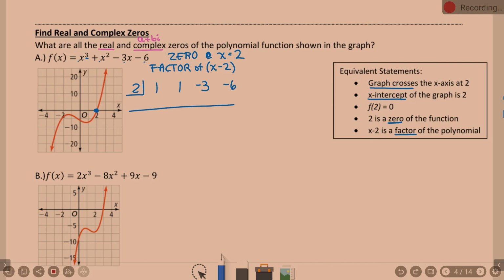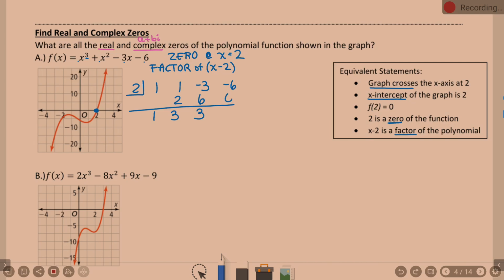Okay. Drop the 1. 2 times 1 is 2. Add. 1 plus 2 is 3. Multiply. 2 times 3 is 6. Add. Negative 3 plus 6 is positive 3. And then multiply. 2 times 3 is 6.